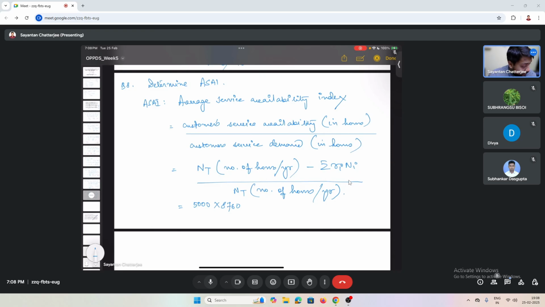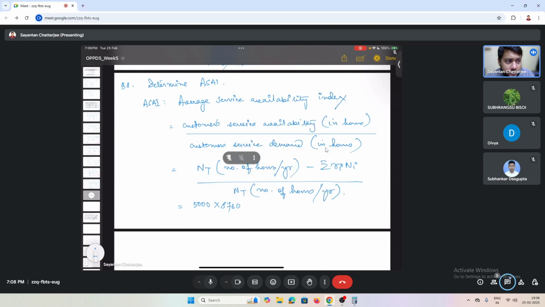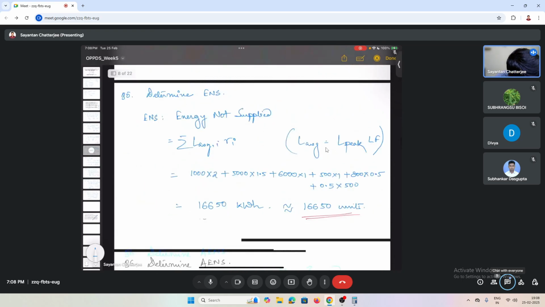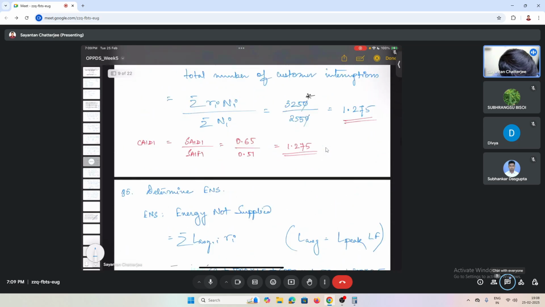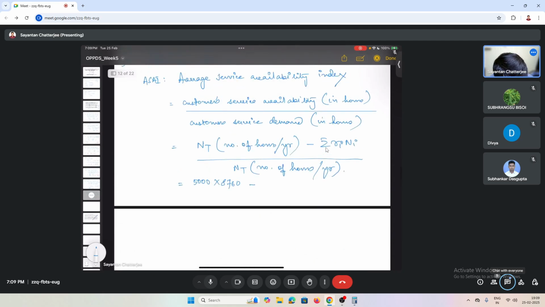So considering 8760 here, and r_i n_i, we already know the value: 3250. From here we can directly refer to this black star, and it can be referred to directly, 3250, already calculated previously.